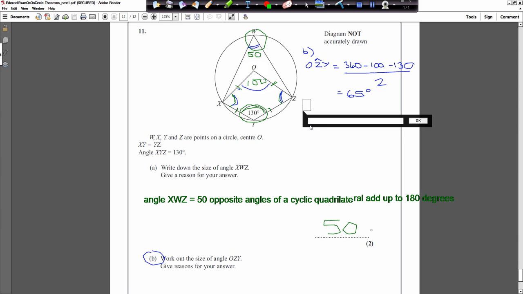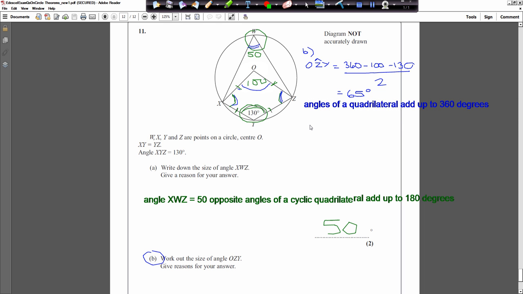So we say here, angles of a quadrilateral. So that's the understanding for that question. Angles of a quadrilateral.